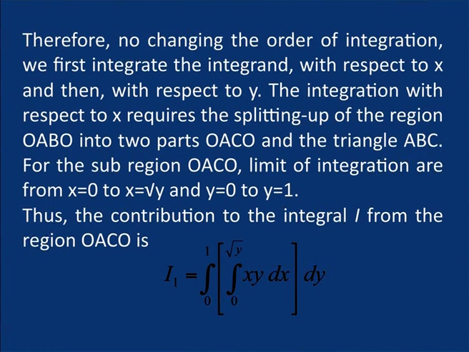The integration with respect to x requires the splitting of the strip of the region OABC into two parts, OACO and the triangle ABC. For the subregion OACO, the limits of integration are from x = 0 to x = √y, that is from line to parabola, and y = 0 to y = 1, that is line to line.